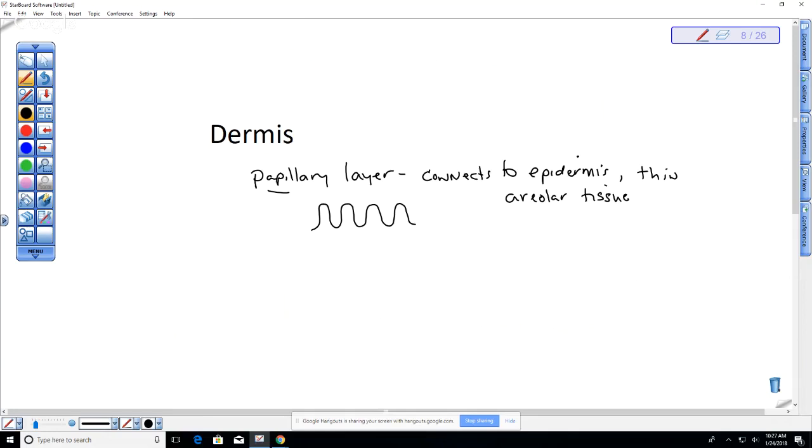The inner thicker layer is called the reticular layer. And this is composed of dense connective tissue. With lots of fibers.